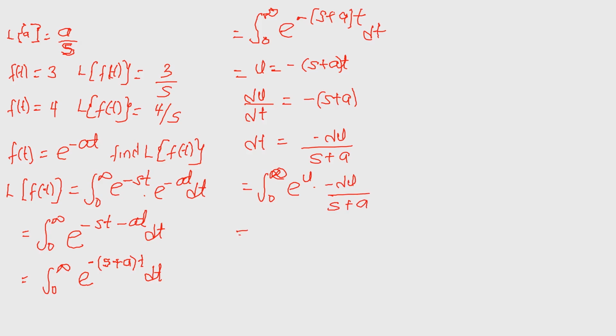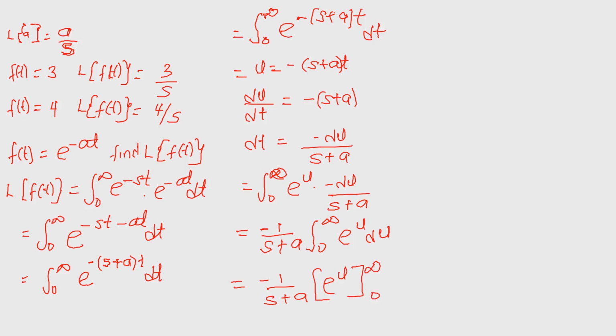So now you take out the constant, minus 1 over s plus a, then the integral of e raised to the power of u du. Which is going to be minus 1 over s plus a, then if you integrate this, it's going to give you e raised to the power of u, with the limits infinity to 0.